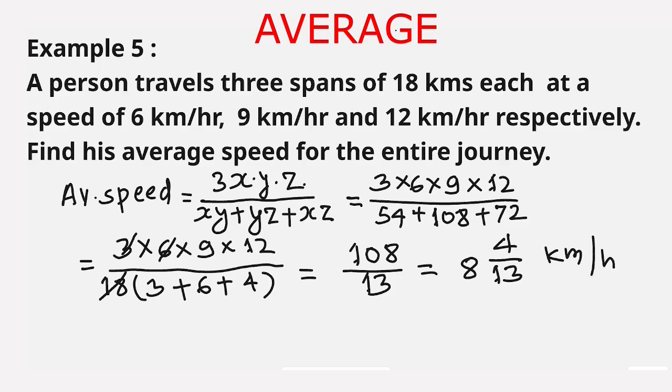So this will be the average speed for the entire journey. I hope you have understood the method of using the formula for average speed when 3 spans of equal distances are travelled at 3 different speeds. We go to the next point.